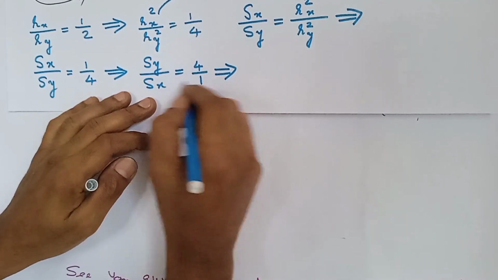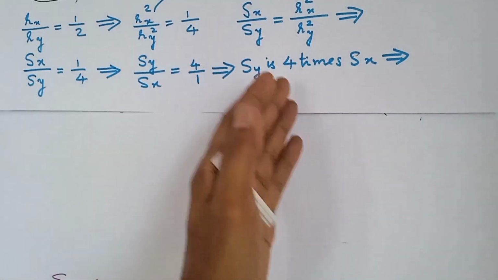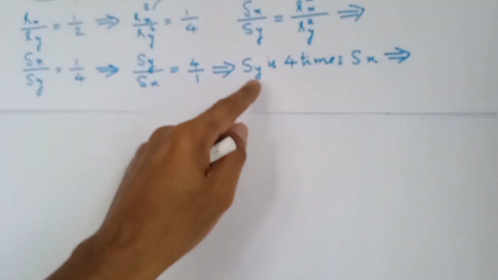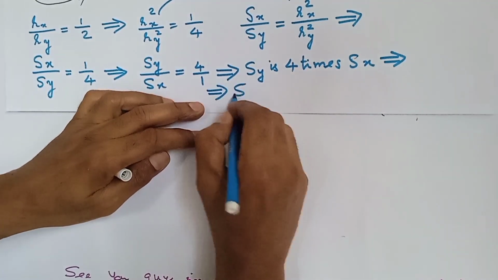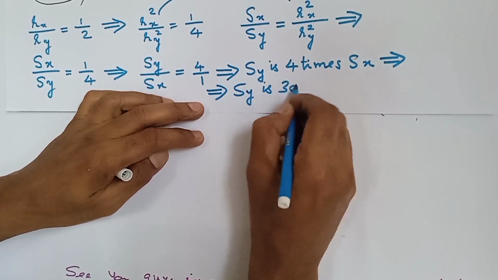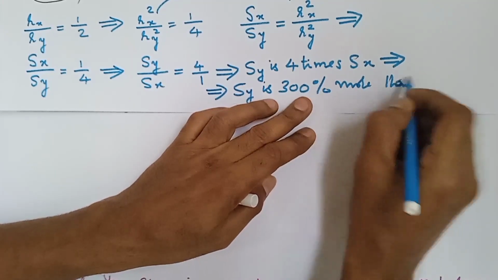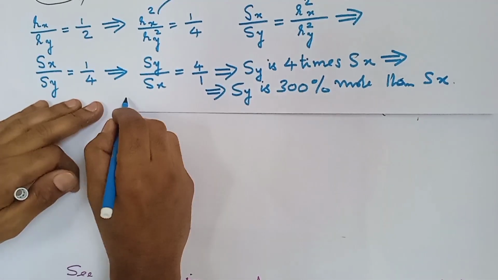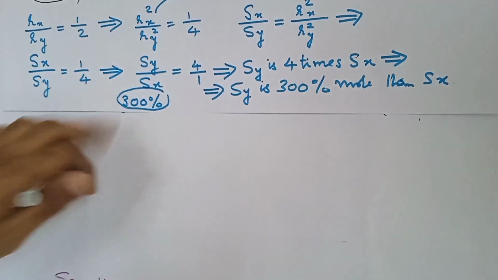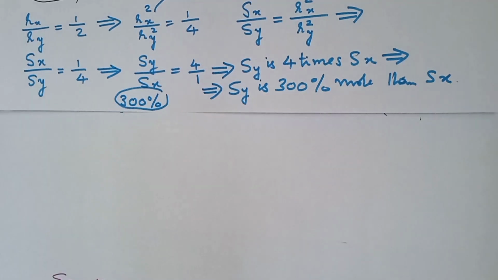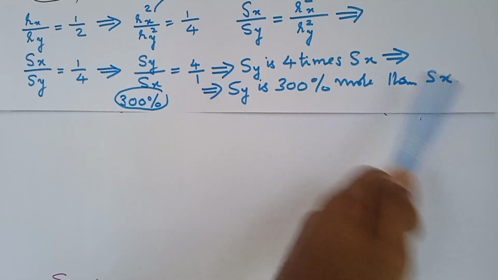Sy is 4 times as high as Sx, which implies if one number is 4 times another number, then the first number is 300% more than the second number. So the answer to the question is 300% more, or the surface area of sphere Y is 300% more than the surface area of sphere X.